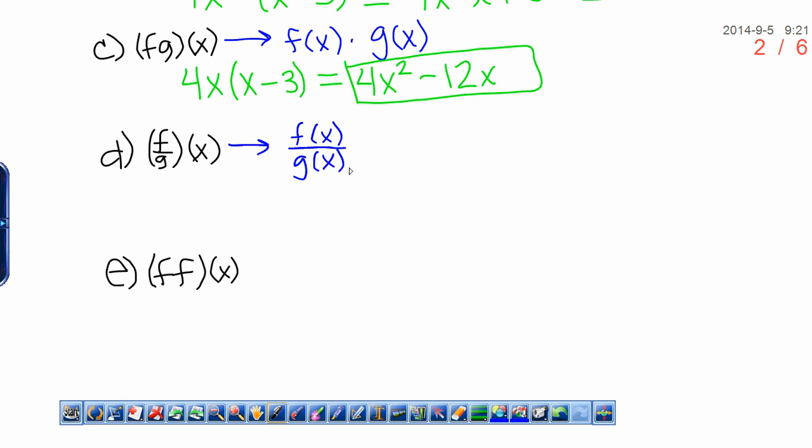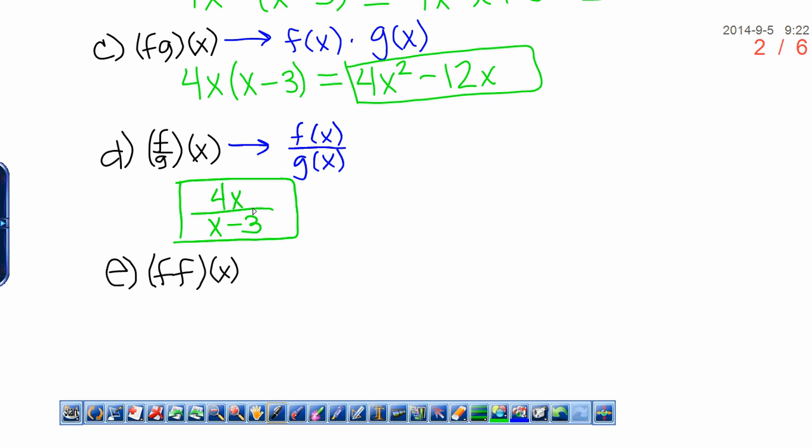You're literally just going to take f of x and put it on top of g of x. Because we have not talked about how to simplify functions over functions, and I don't want you to start getting into bad habits. Okay, because that is a big part of our year, figuring out how to actually do that. For right now, just go ahead and put f of x over g of x.